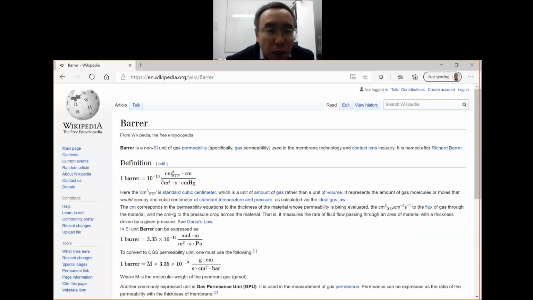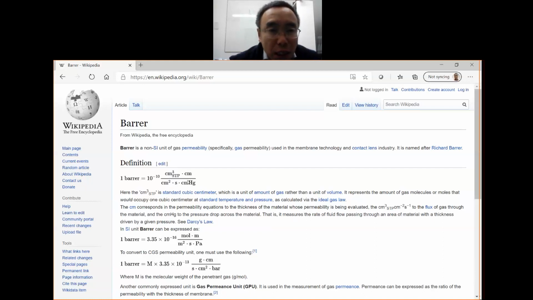So this one is the unit for the barrer. You can see it is the cubic centimeter STP. STP means standard temperature and pressure. So this is the amount of gas molecules per area, per square centimeter, per second, and per pressure gradient.